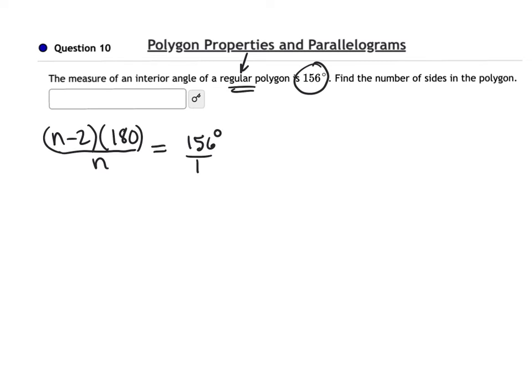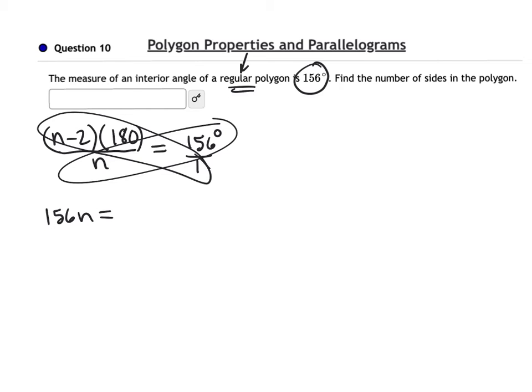I can put that over 1 and cross multiply. That's 156n equals 1 times n minus 2 times 180. I'm going to go ahead and distribute. That's 180n minus 360. And I'll subtract 180n from each side. 156 minus 180 is negative 24.